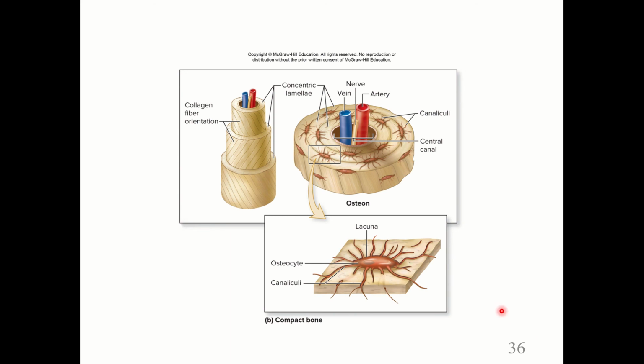Another view of an osteon shows the lamella with the collagen fibers and the hydroxyapatite crystals. Magnified, we see the osteocytes within the lacuna. And then finally, the most magnified is showing that mature osteocyte and all the canaliculi that would branch out and connect to other osteocytes within the osteon.